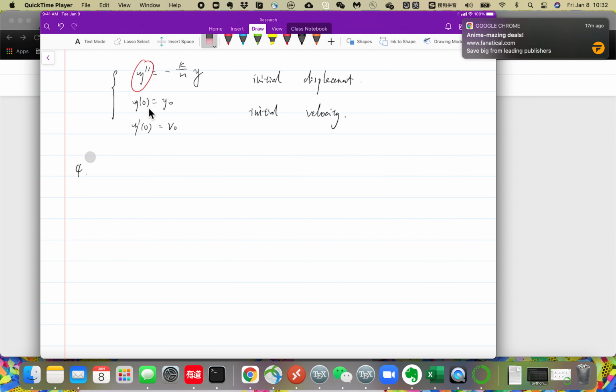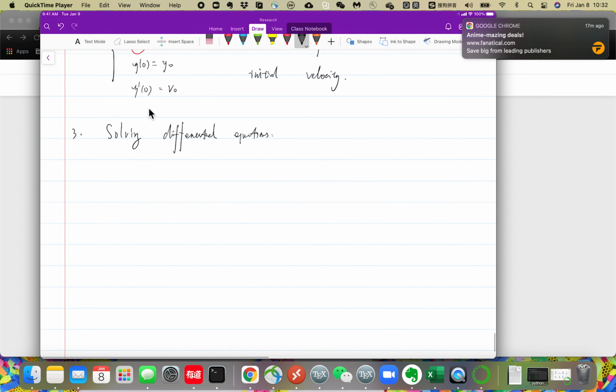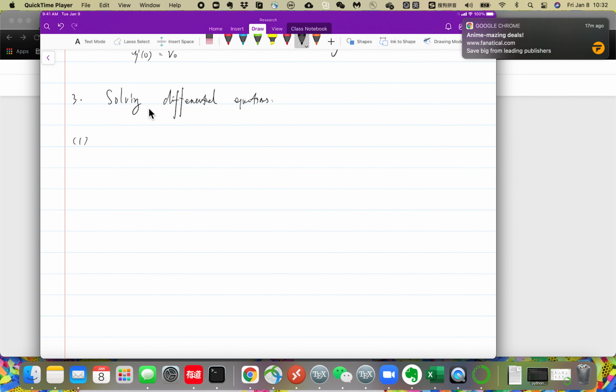All right. That will be the second thing. Finally, the third thing, that is solving differential equations. Number one, what do you mean by the solution?